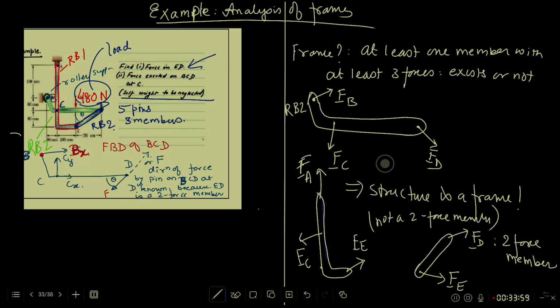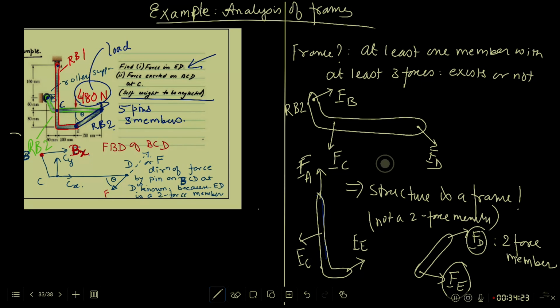Because this whole thing is in static equilibrium, ED is also in static equilibrium, and I know from my understanding of a two-force member that if it has to be in static equilibrium, the forces on the two sides must be equal and directed towards each other or going away from each other.